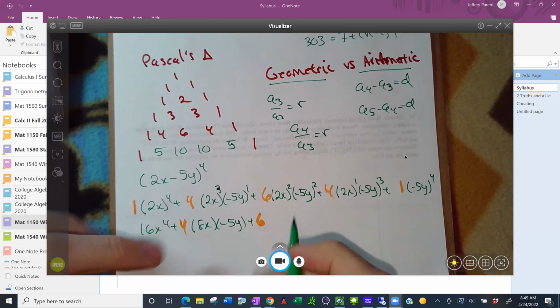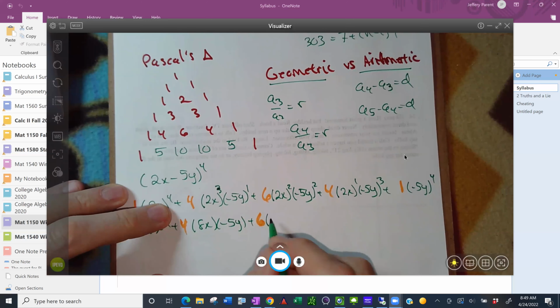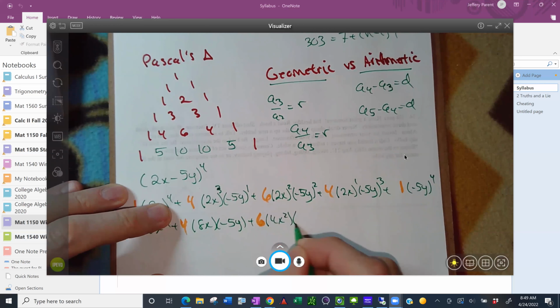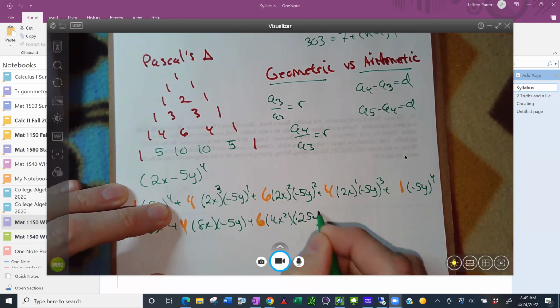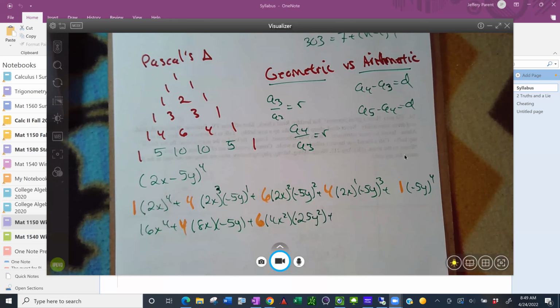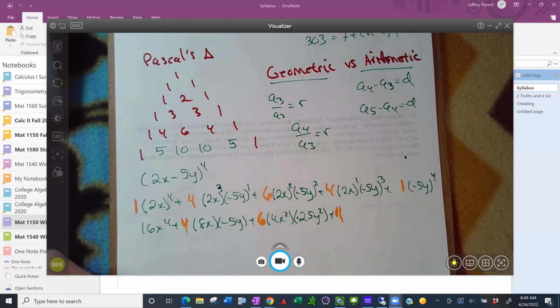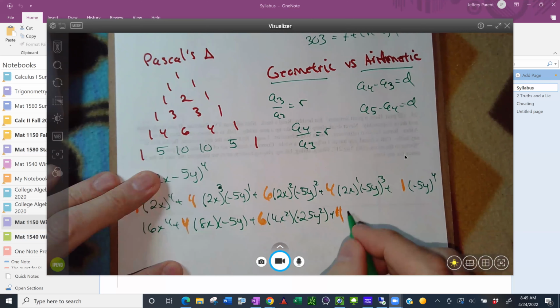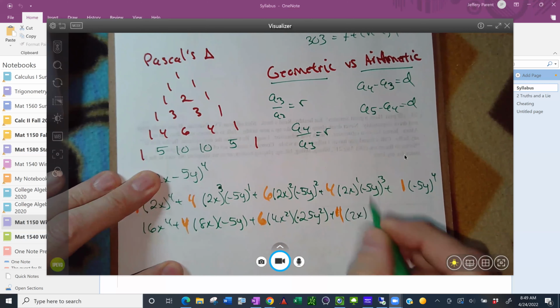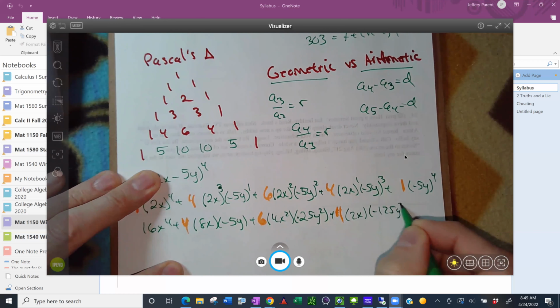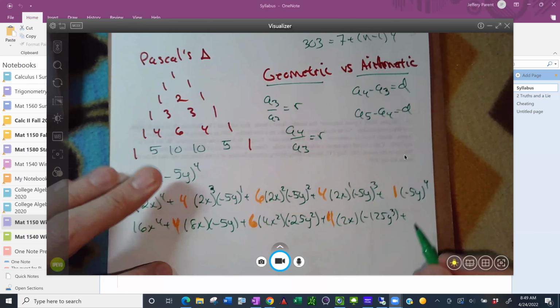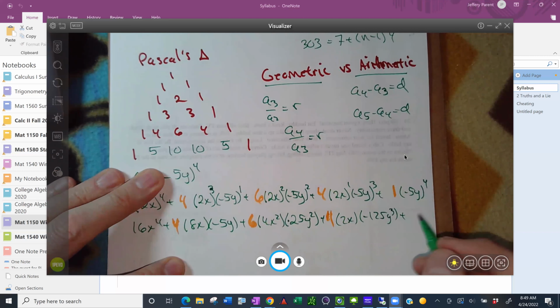And again, square this, you get 4x squared. Here we get a plus 25y squared. And then when I cube this, 2x stays the same, then minus 125y to the 3rd plus 5 to the 4th would be 625, y to the 4th.